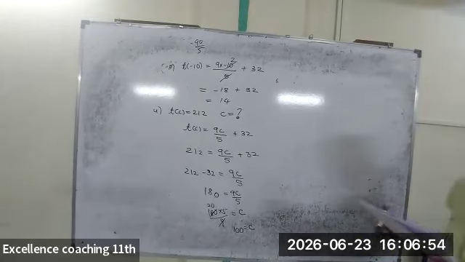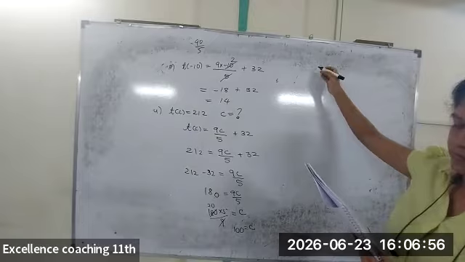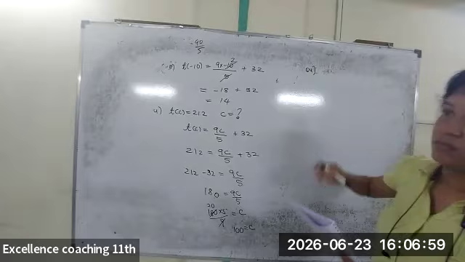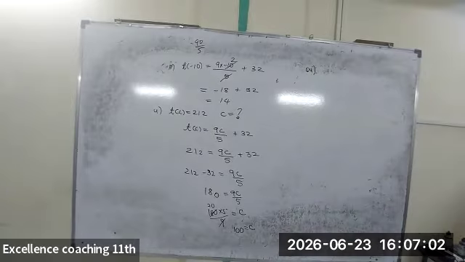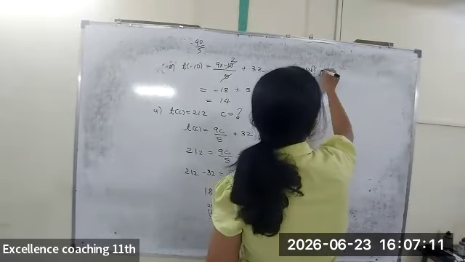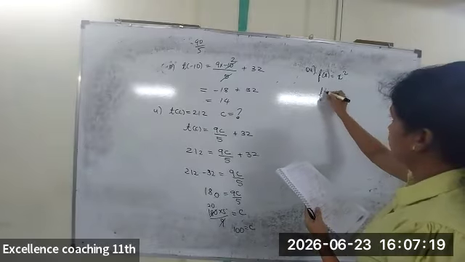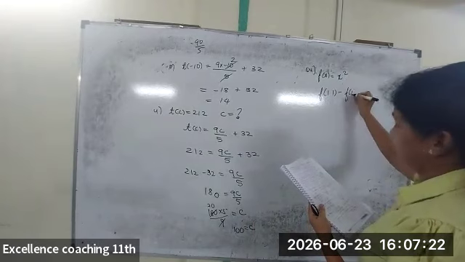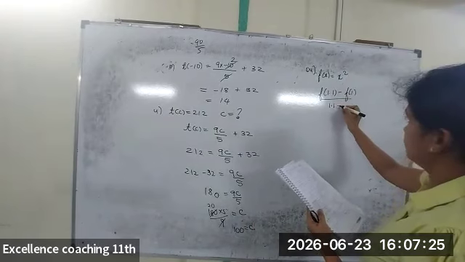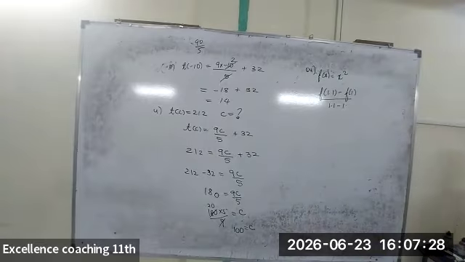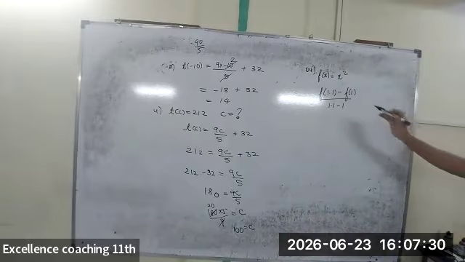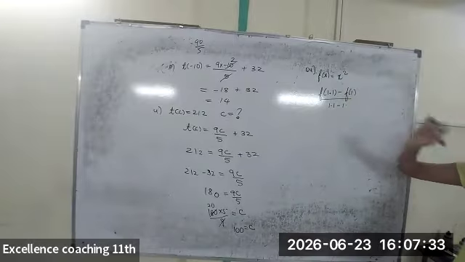Fourth one. So as per the formula, we will need f of 1.1 and f of 1.